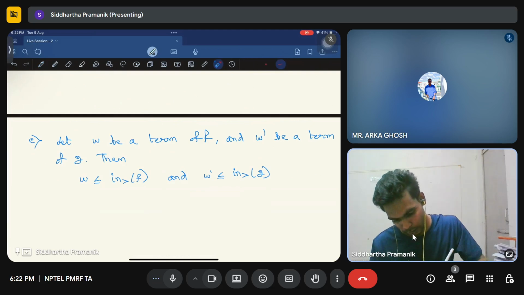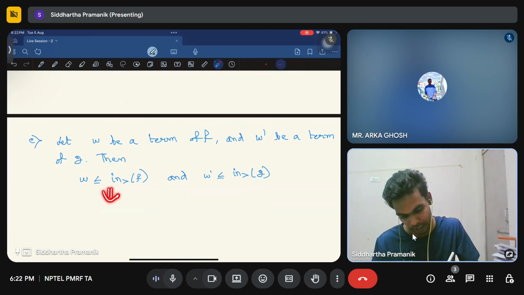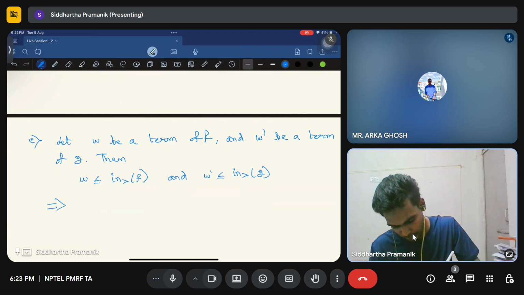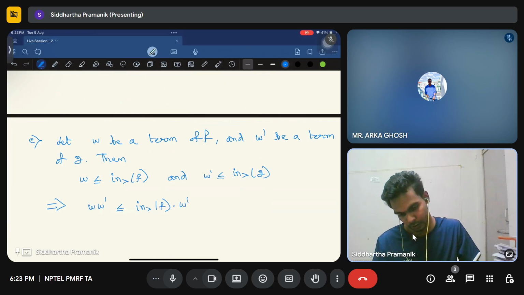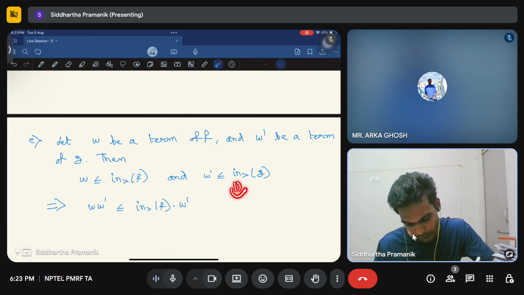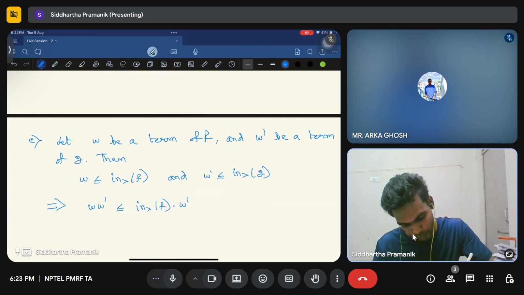Now here we can multiply with w prime from both sides. This will imply w times w prime is less than or equal to the initial term of f times w prime, and here we can multiply with the initial term of f on both sides. Then we get the initial term of f times w prime is less than or equal to the initial term of f times the initial term of g.